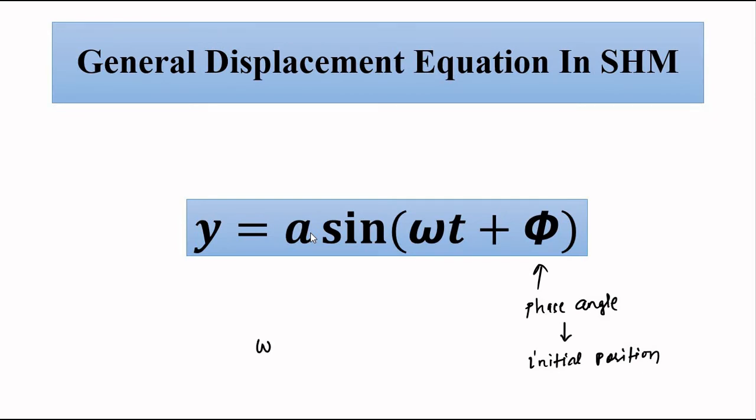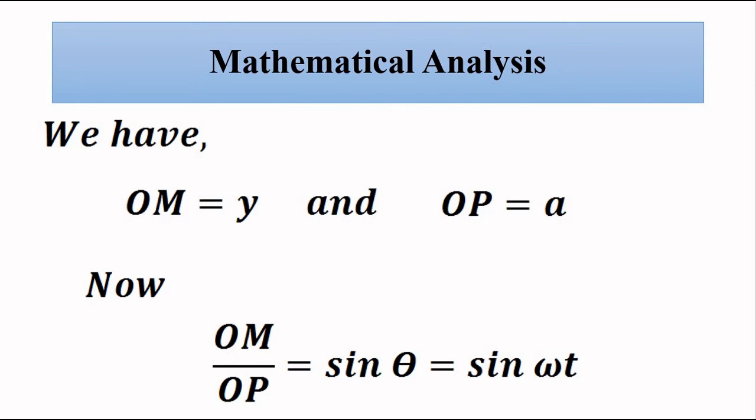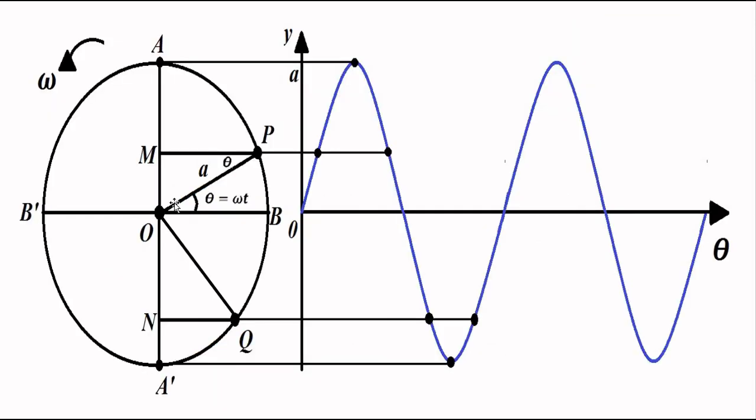In this omega t plus phi, when t is equal to 0, the omega t part becomes 0 and only phi is there. So that gives us information about the initial position, because we know that OM by OP, this OM, gives the position of the particle along the diameter.